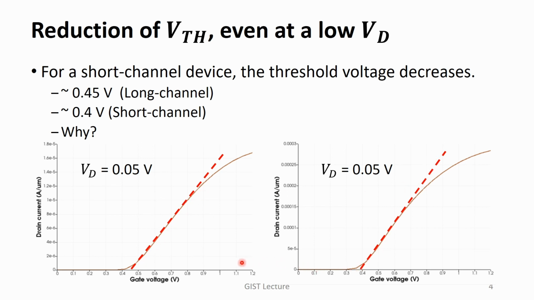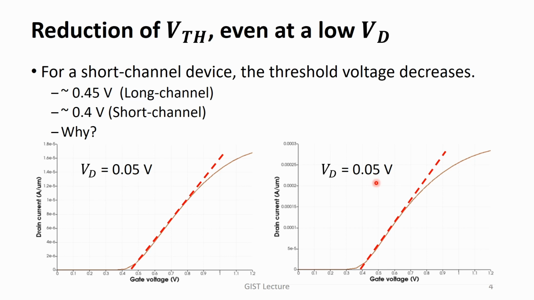It is found that the threshold voltage is reduced by about 50 millivolt. It is stressed that the drain voltage is just 0.05 volt, so it is not related with the DIBL.